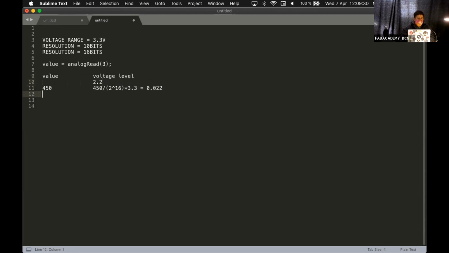So the equation would be analog read result divided by 2 to the bits, times voltage.